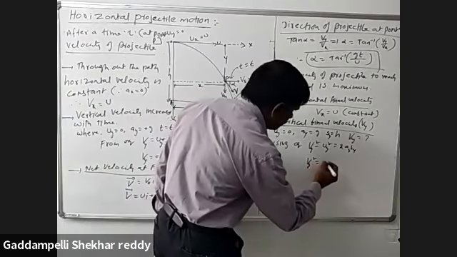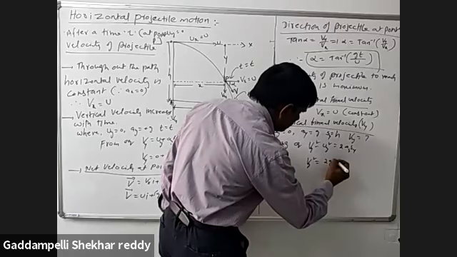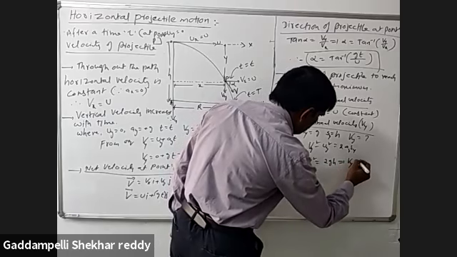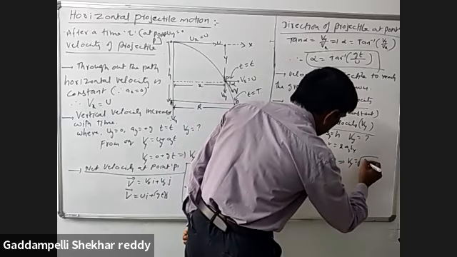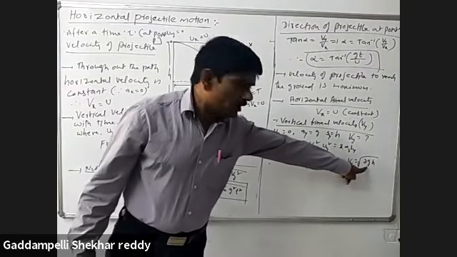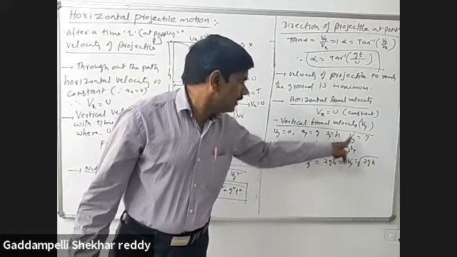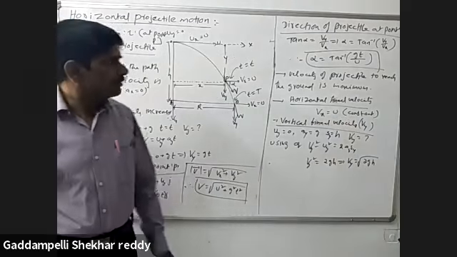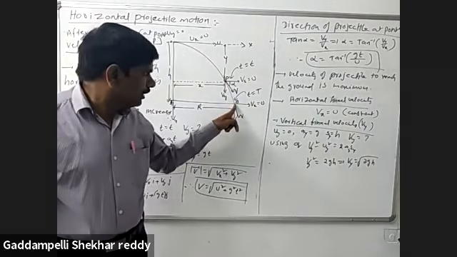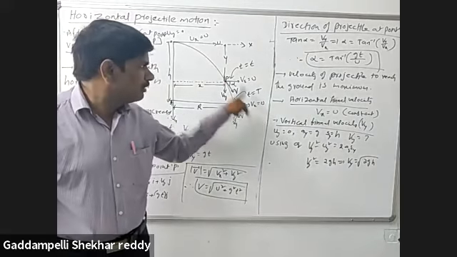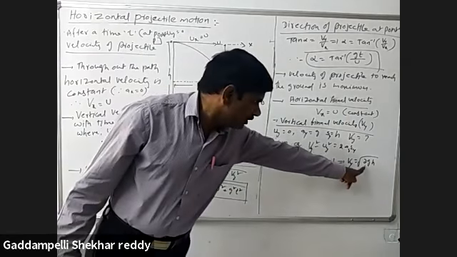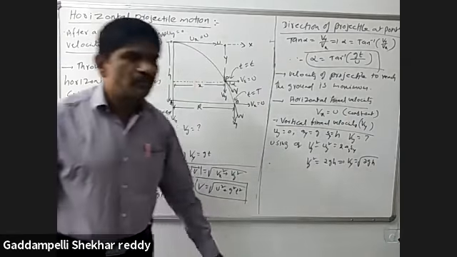Noted, right? Vy square is equal to 2g sy, which is h. That means Vy is equal to under root of 2gh. So the vertical velocity is under root of 2gh, and the horizontal velocity is constant. So at point P, the horizontal velocity is u, and at point B also the horizontal velocity only. At point P the vertical velocity is gt. At point B, to reach the ground, the vertical velocity is under root of 2gh.